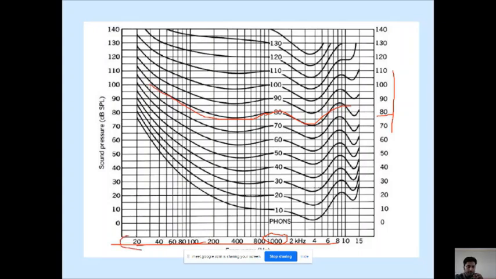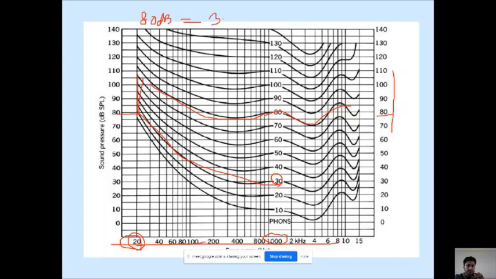But at 20 Hertz, with 80 dB, loudness is almost equal to 30 phon, or we can say 30 dB at 1000 Hertz will be equal to 80 dB at 20 Hertz, right? So these curves need to be corrected. So what we can do, we can write 80 dB at 20 hertz will be equal to almost 80 minus 50.